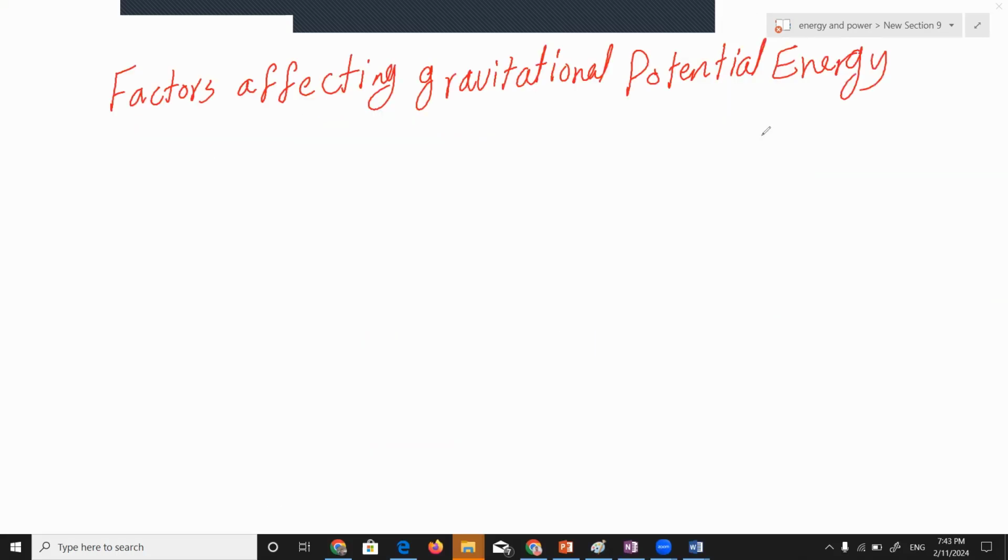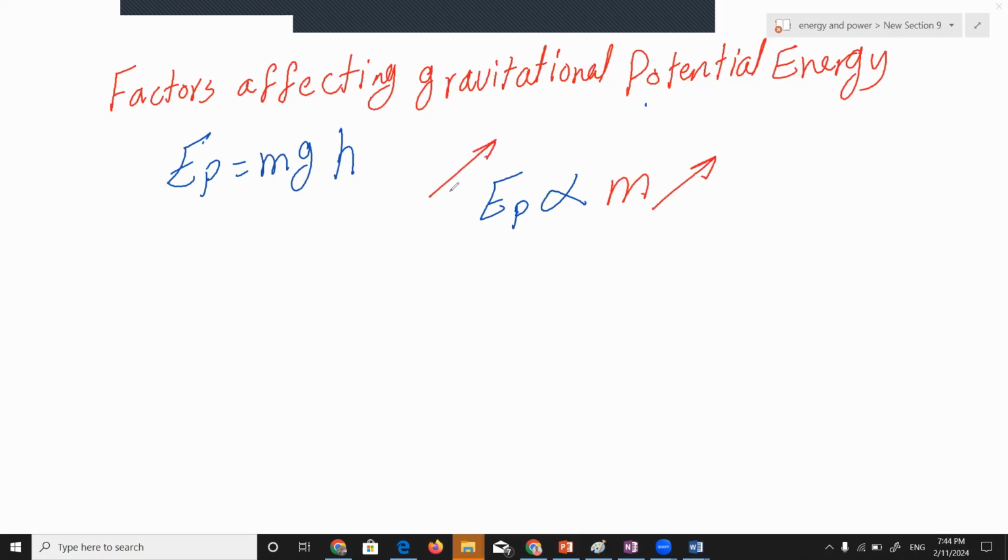Also we need to know what are the factors affecting gravitational potential energy. Actually, from the formula, you can figure out the factors. Gravitational potential energy is mass times the gravitational field strength times the height. E equals mgh. So it depends on the mass. Gravitational potential energy is directly proportional to the mass. As the mass increases, gravitational potential energy increases.